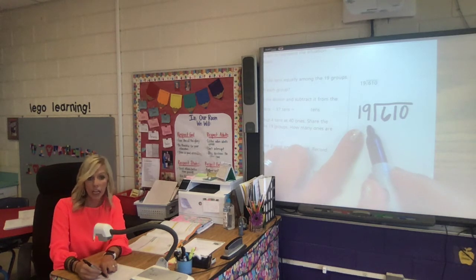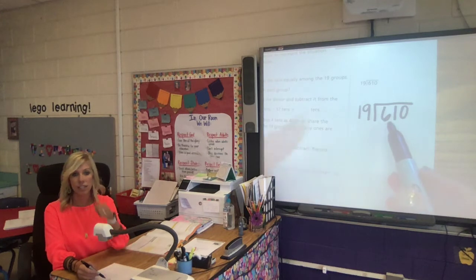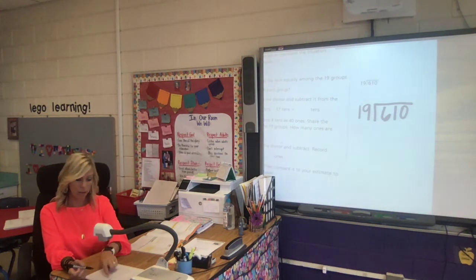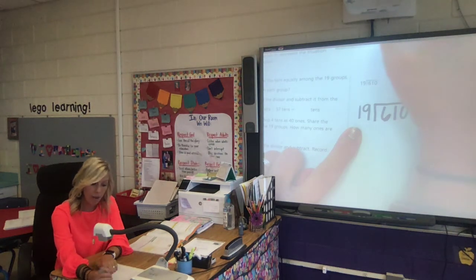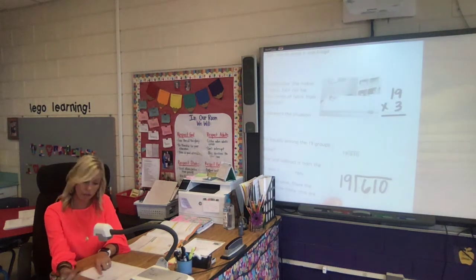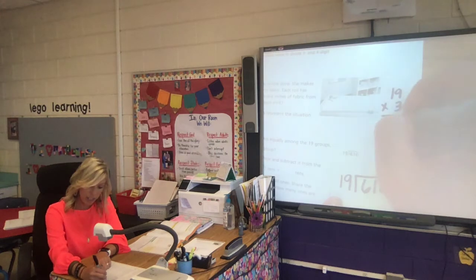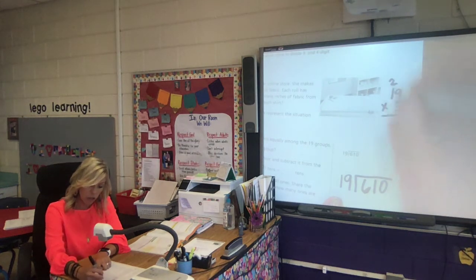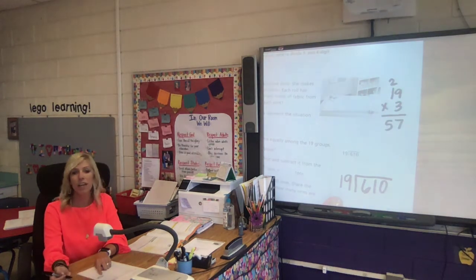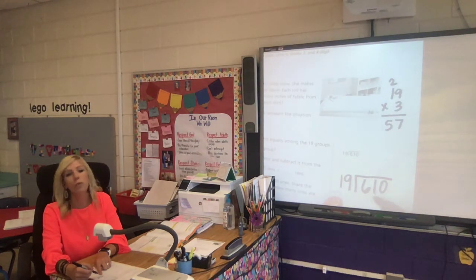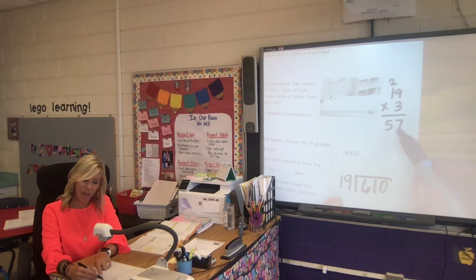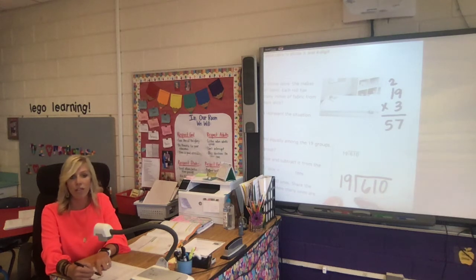If this was 20, 20 would go into 60 three times. So I'm going to estimate 19 times 3, and I'm just going to work it out up here, out of the way. I know 3 times 9 is 27, 3 times 1 is 3, plus 2 is 5, 57. I know that 19 wouldn't be able to go into 61 4 times because that would be way bigger than 61 if 19 times 3 is 57.